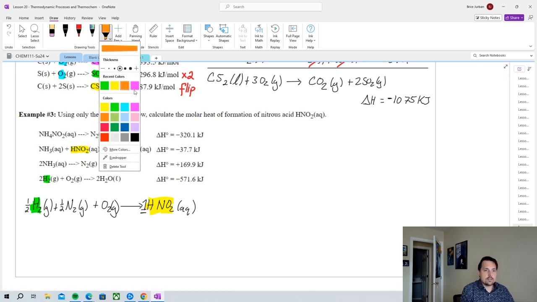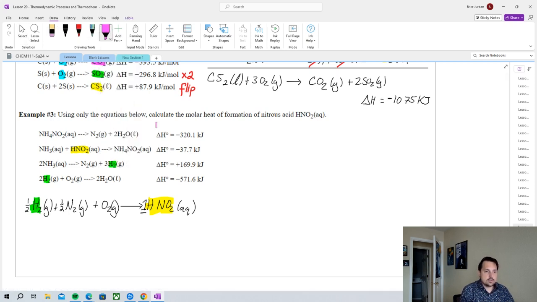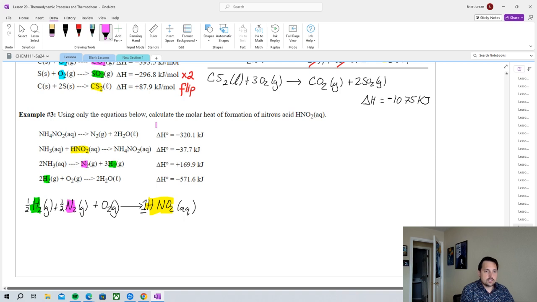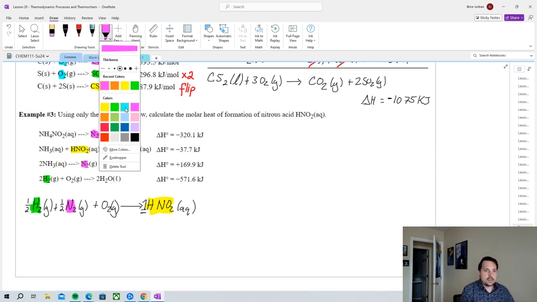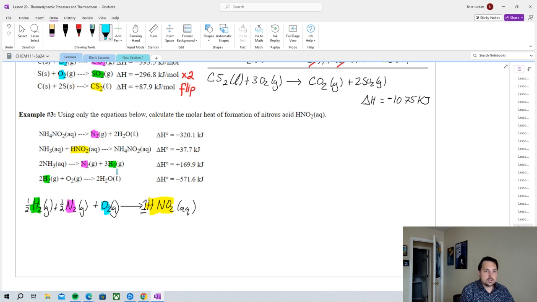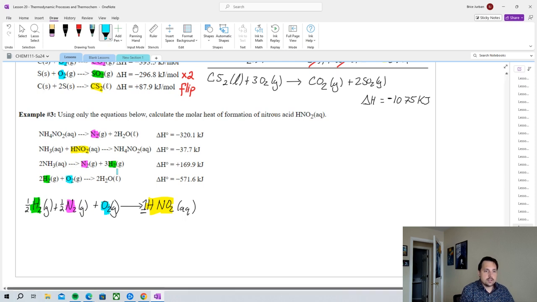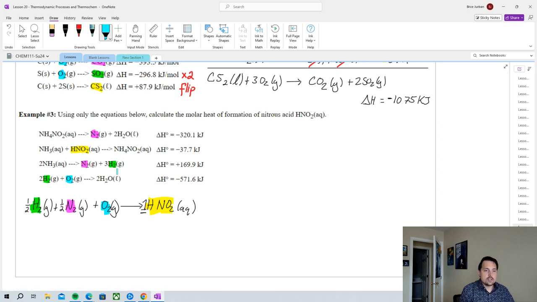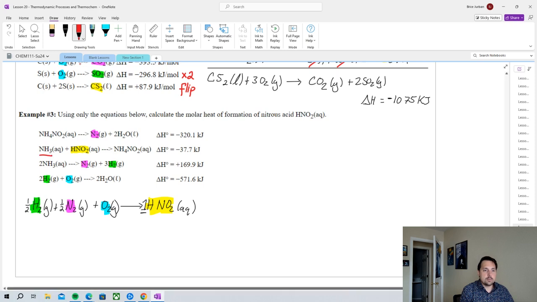And then we have N2 that occurs here and here. And then we have oxygen, which occurs here. And that's the only spot that one occurs. Okay, that's good. So let's start with the yellow and the blue, and then we can make sure that the ammonias cancel out, and then the ammonium hydroxides cancel out.